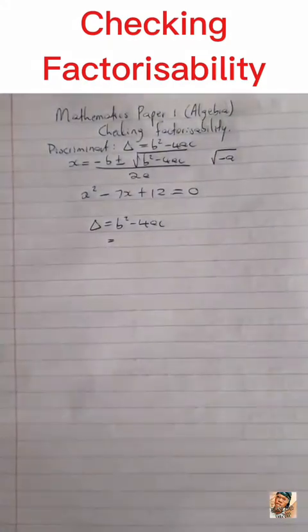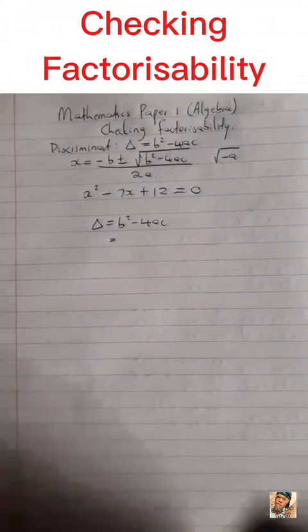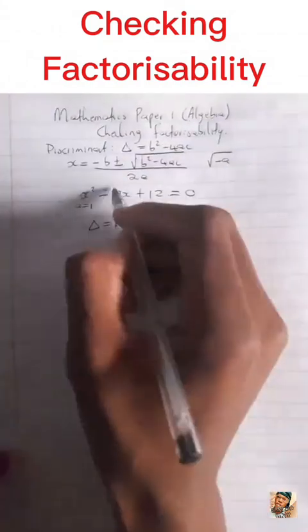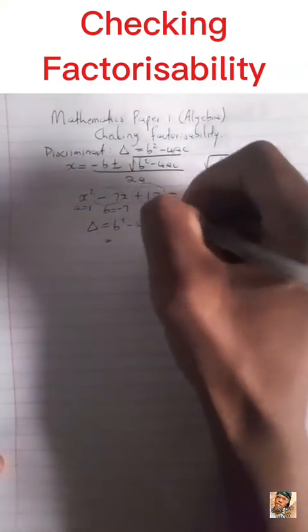So what you're going to do is say the discriminant, which is equal to b squared minus 4ac, is equal to, then we're going to identify the values of a, b, and c. So we can clearly see that a here is equal to 1, b is negative 7, c is positive 12.